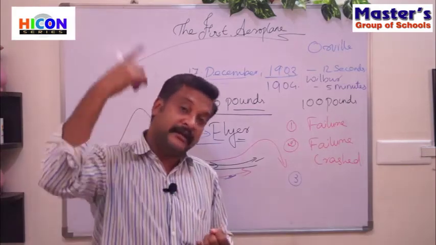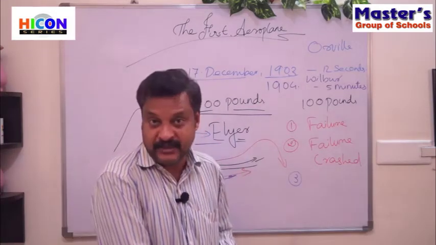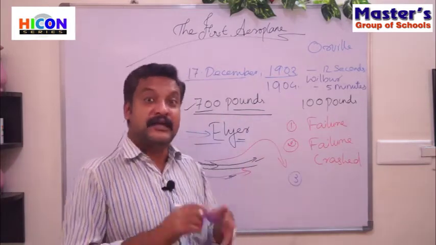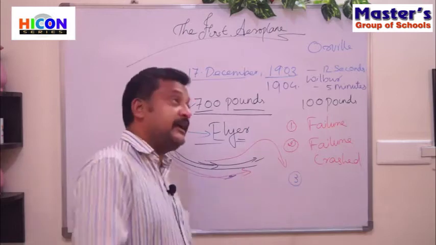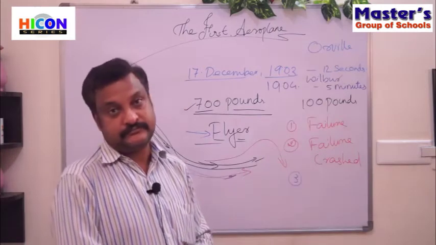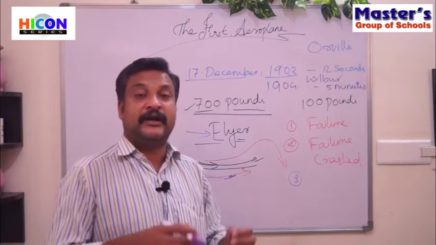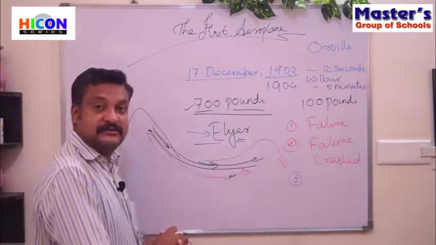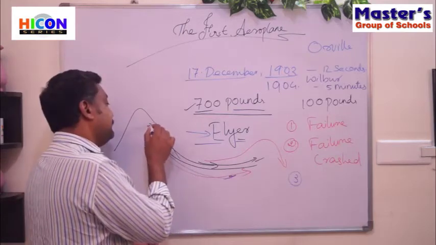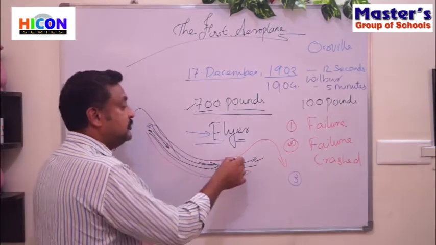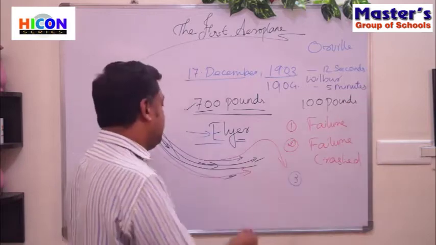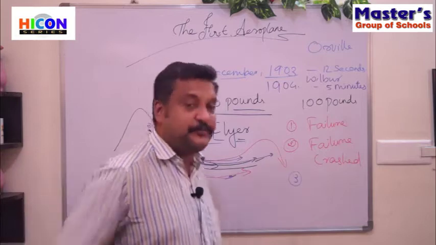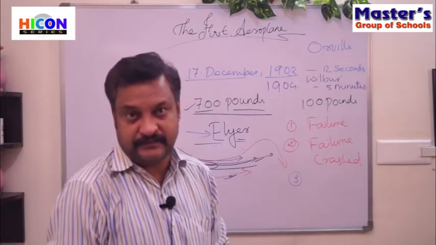Controlling the aeroplane in the air was the toughest task, isn't it? So once they got a solution for that, they decided to design engines which can lift aeroplanes into the air. So as to achieve the required air speed, they even made downhill tracks, so that by the time the aeroplane reaches somewhere here, it will achieve enough speed to get into the air.